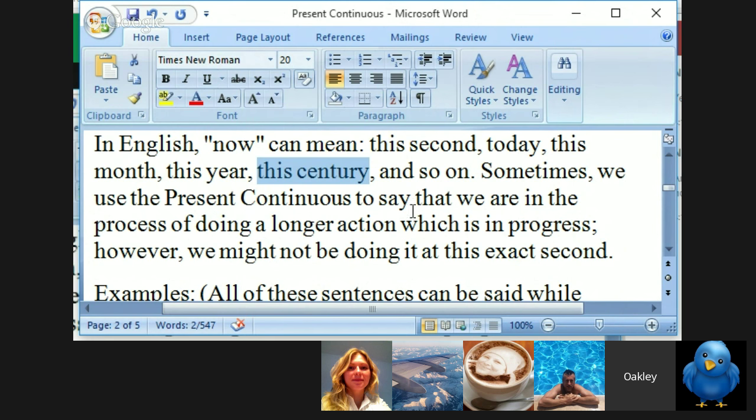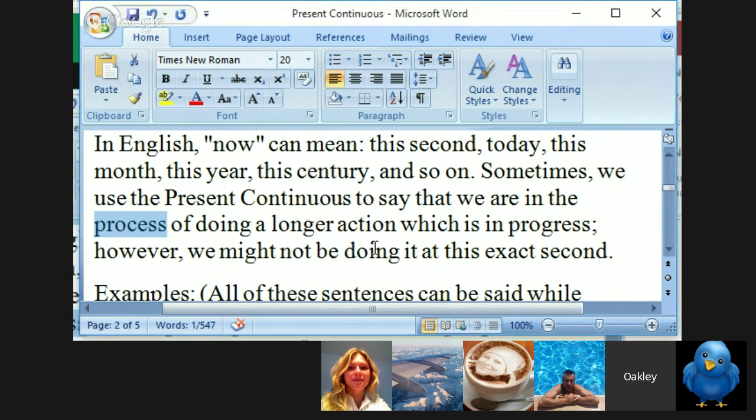We use the present continuous often to say we're in the process of doing a longer action somewhere in progress. We might not even be doing it at this very second. Maybe we do it and stop, and do it and stop, and do it and stop. But it's a longer process, that's the key.